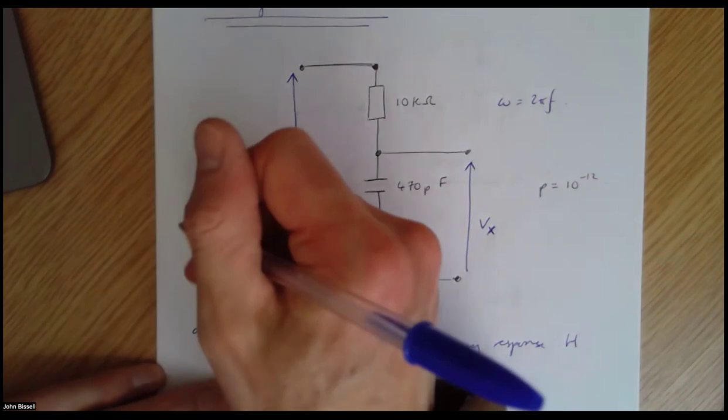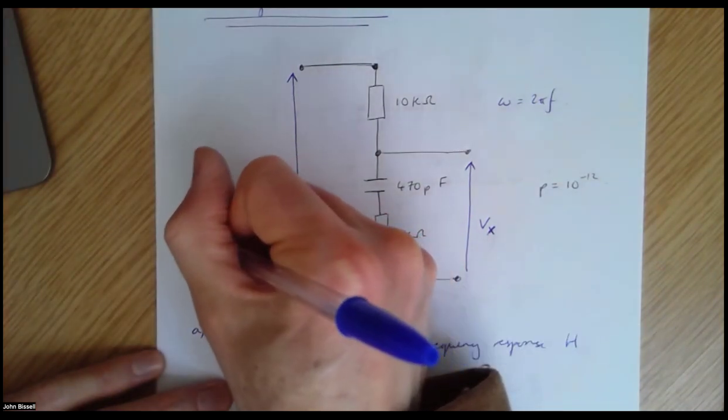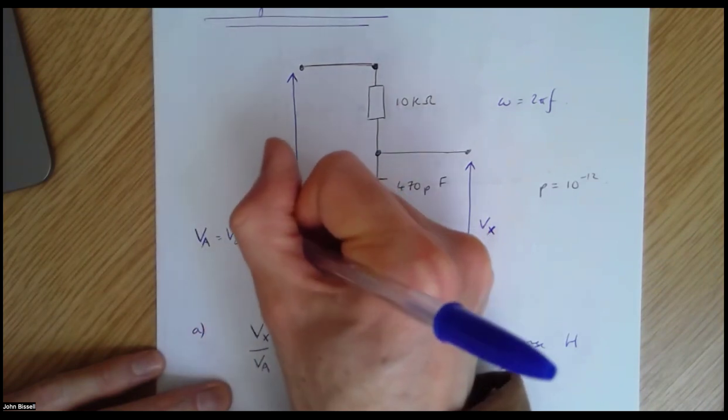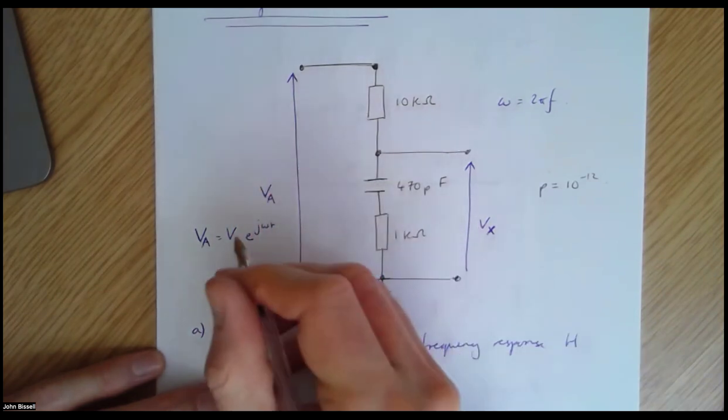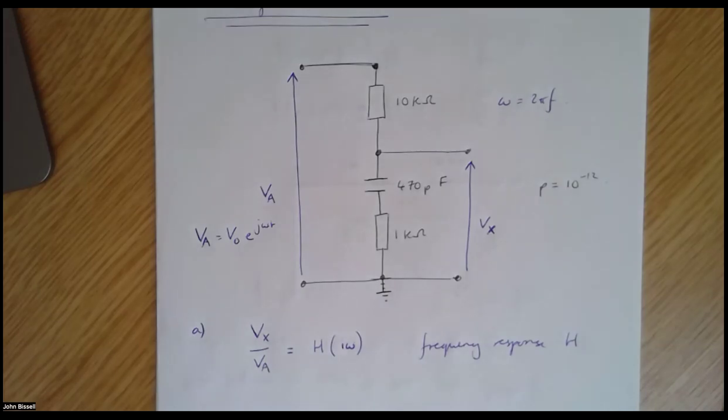Essentially what we're saying is that we've got some input voltage A that's e to the j omega t times some amplitude. Okay, it's just a sinusoidally varying voltage.